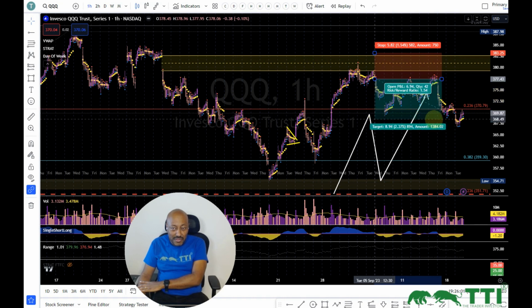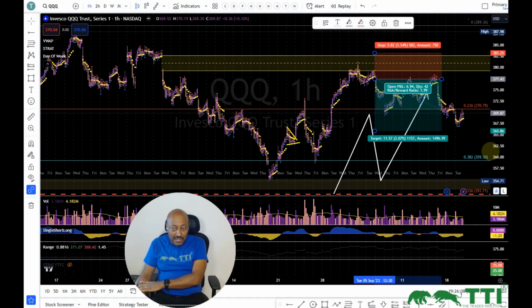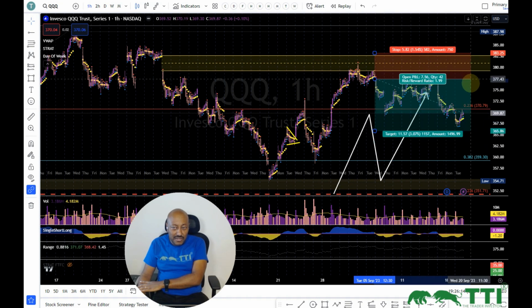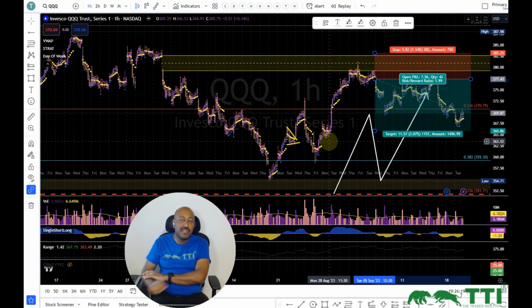And of course, we always like our ratio 2 for 1. That's our ratio. And if we go there, this is what it looks like. So this is an area where I saw an opportunity, but again, it's counter trend.